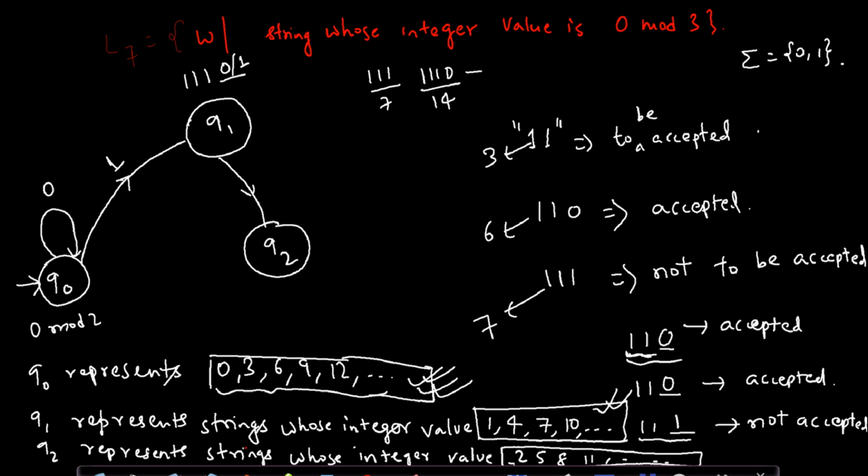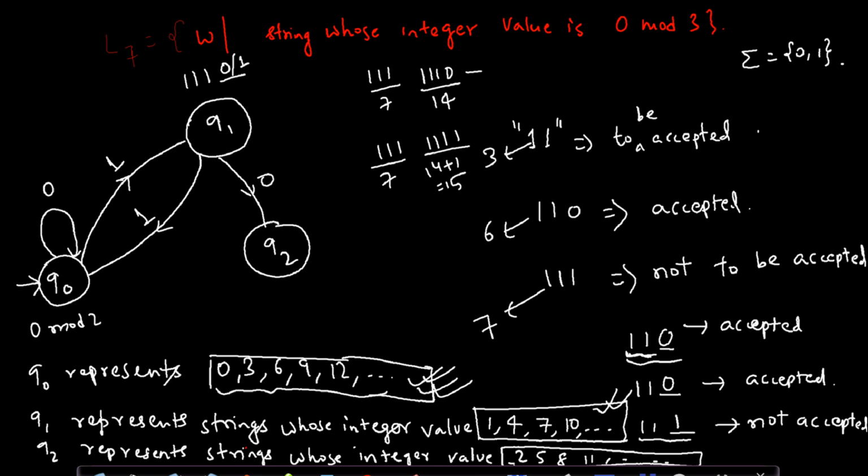Similarly, 111 means 7, so 1111 means 14 plus 1 equals 15. 15 is 0 mod 3. So from Q1, if you see 1, you should go to Q0. In this way we have defined moves for 0 and for 1.